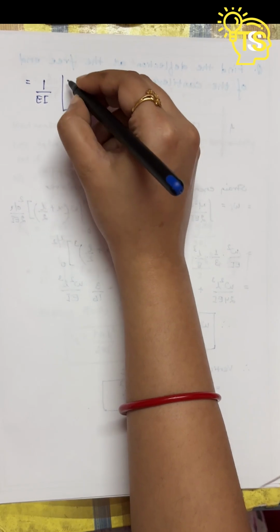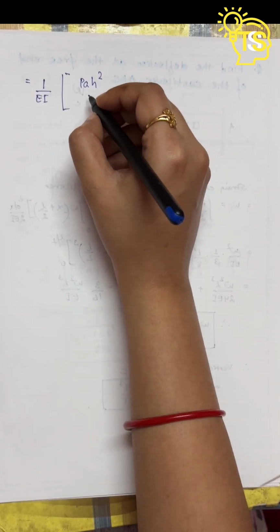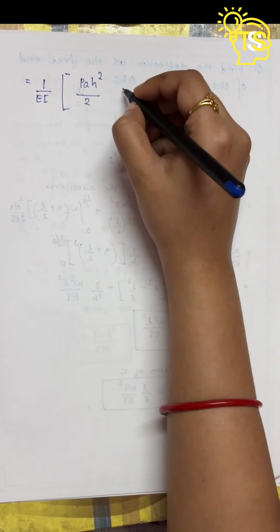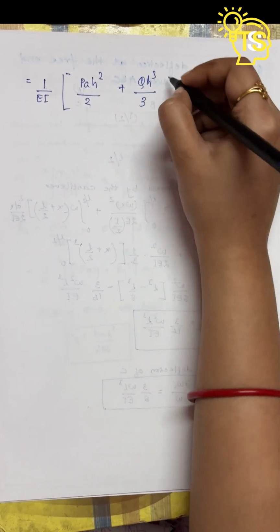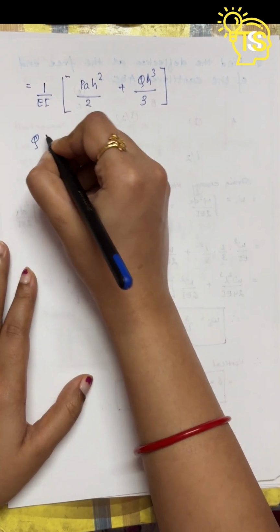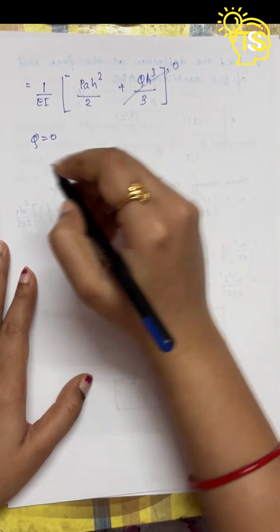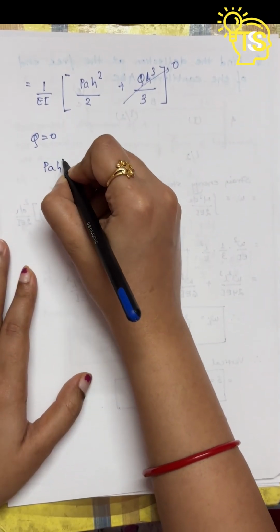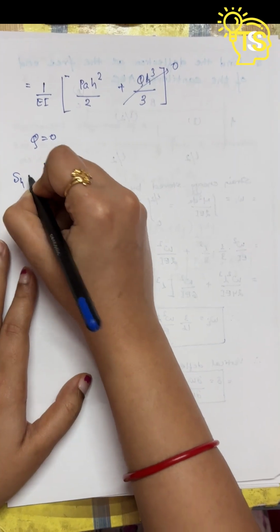Now let's put the value of y as h. We will get Pa h square upon 2 plus Q h cube upon 3. Now as we know the value of Q is 0, this term will be 0. Now we get P a h square upon 2EI as the horizontal deflection.